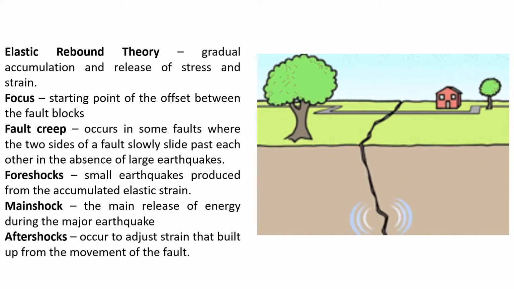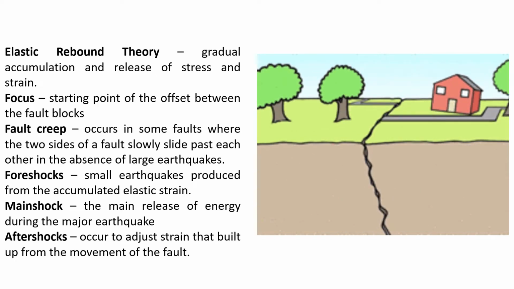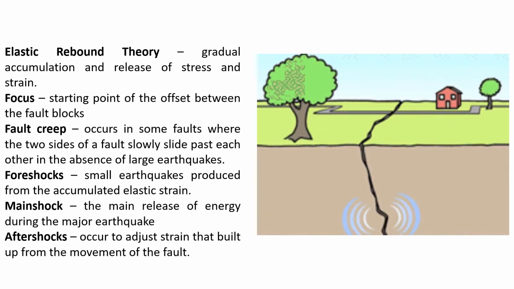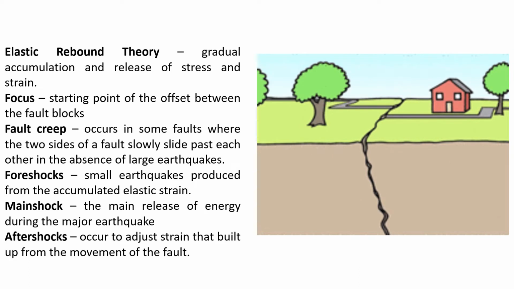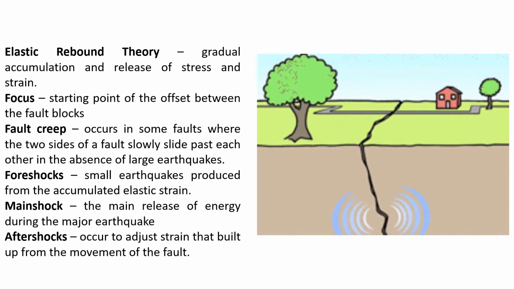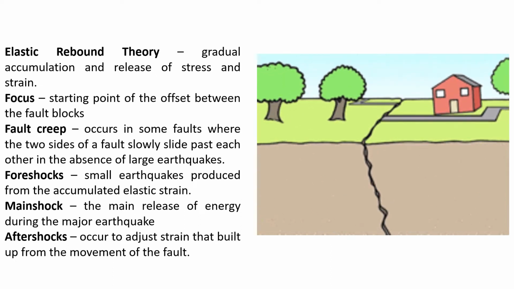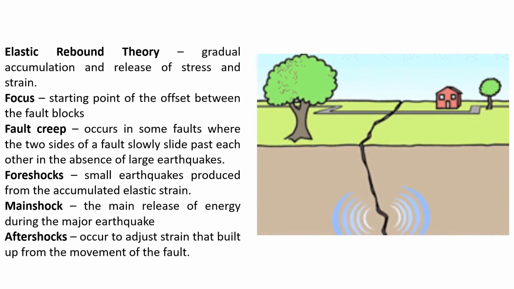When the brittle deformation occurs, it creates an offset between the fault blocks at a starting point called the focus. This offset propagates along the surface of rupture, which is known as the fault plane.